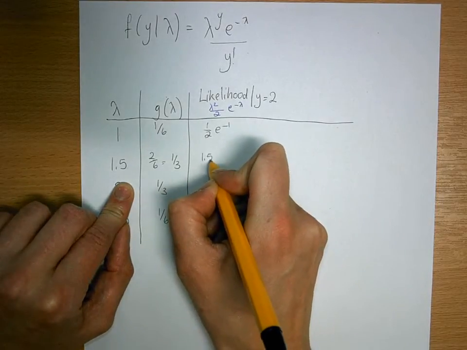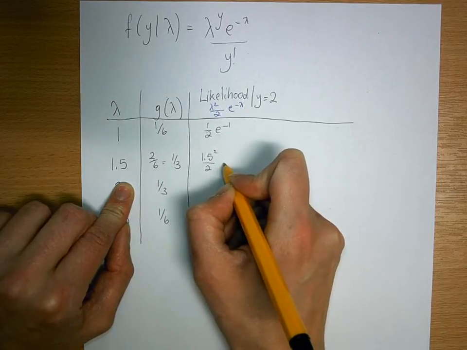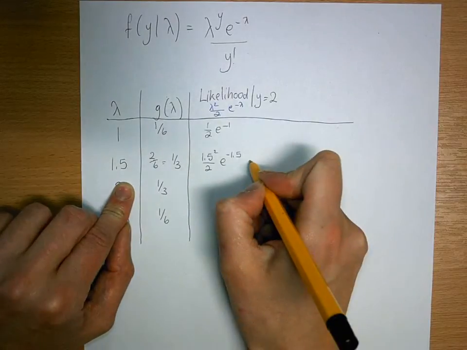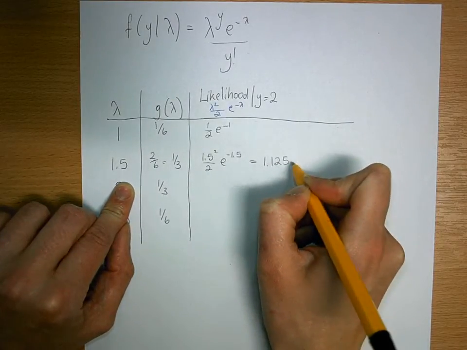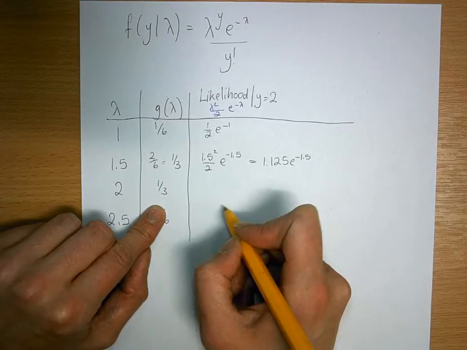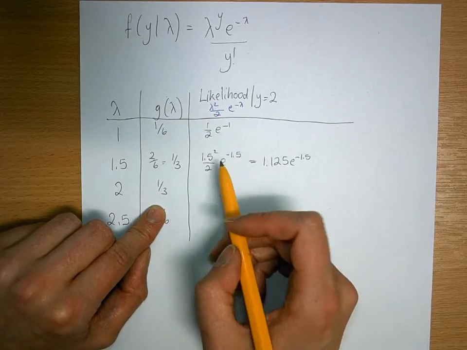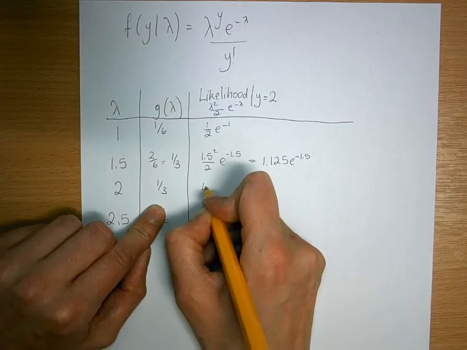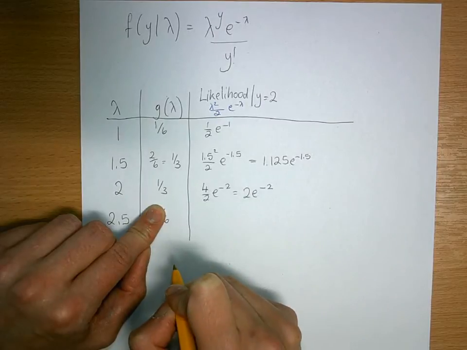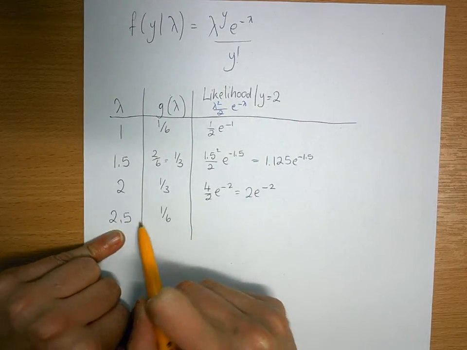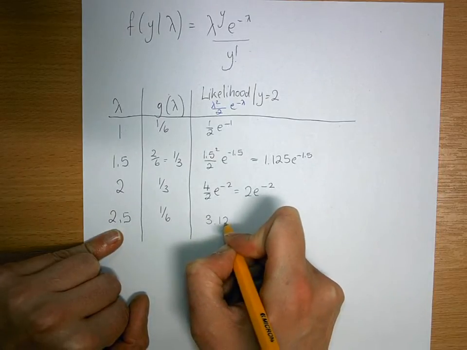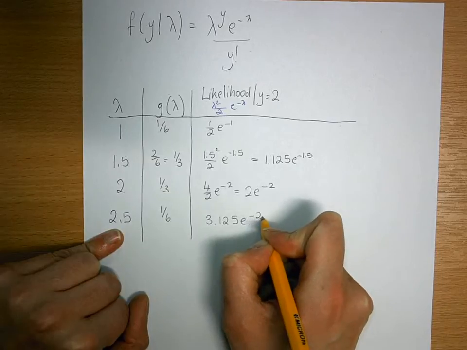So you get 1.5 squared over 2 e to the minus 1.5, which is 1.125 e to the minus 1.5. 2 squared is 4 divided by 2, e to the minus 2. So you get 2 e to the minus 2. And finally, 2.5 squared divided by 2 is 3.125 e to the minus 2.5.